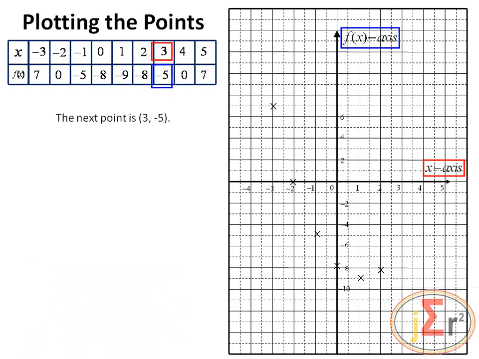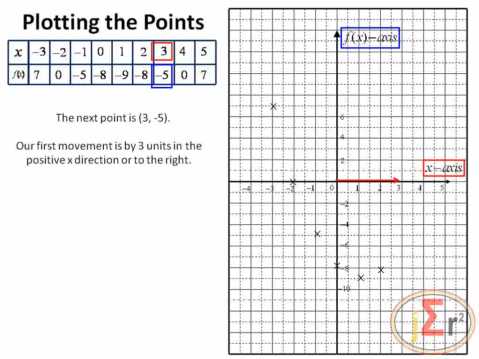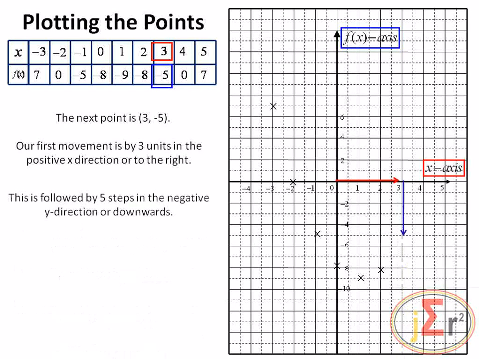And we are continuing. The next point is 3, negative 5. So our first movement is by 3 units in the positive x direction, or to the right. Then our next movement is 5 steps in the negative y direction or downwards. And at the end, as usual, we will place our point.